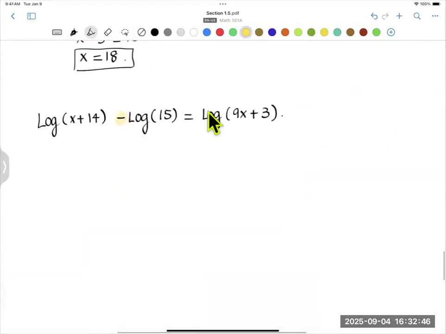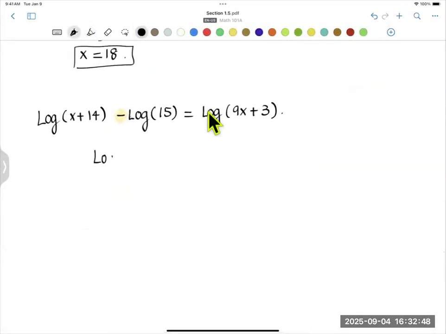So we will have this equal to the logarithm of the quotient of the arguments. My argument is x plus 14 over 15. It's going to equal the right-hand side, still 9x plus 3.